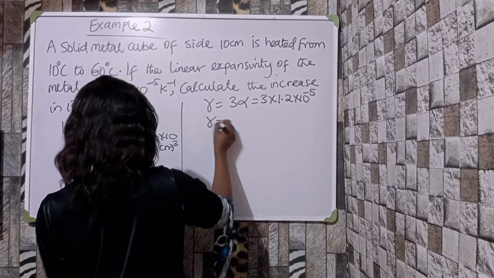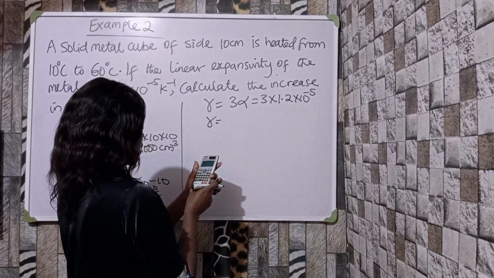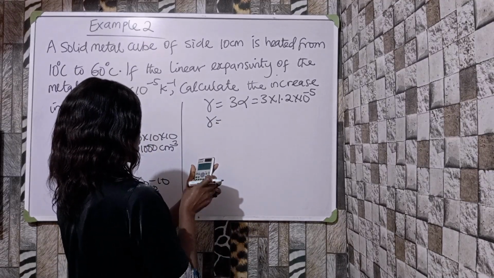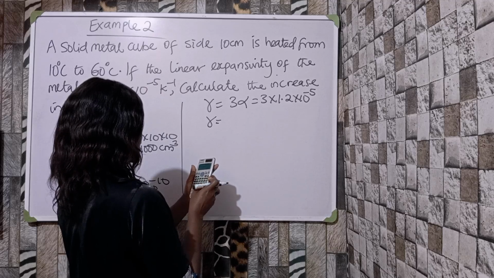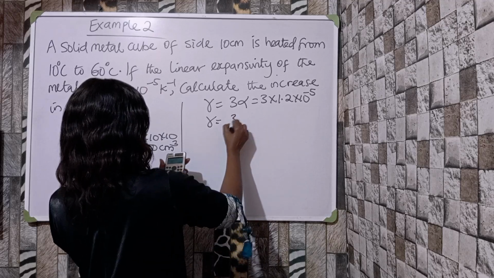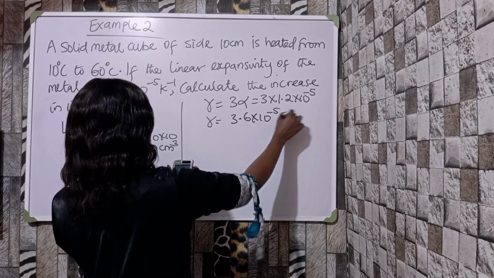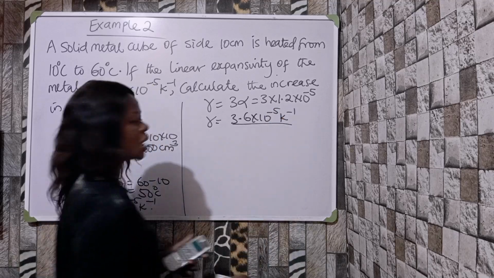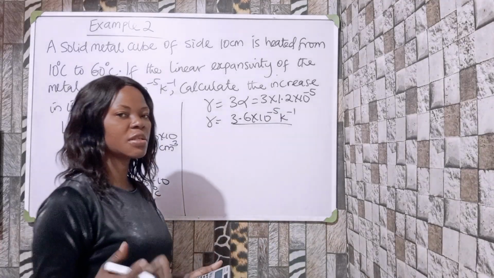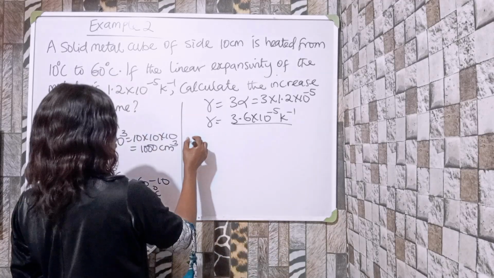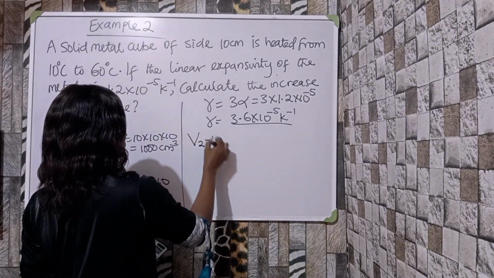With the calculator, 3 times 1.2 exponent minus 5 is equal to 3.6 times 10 raised to the power of minus 5 per Kelvin. But what are we asked to find? We're asked to find the increase in volume, and the formula for increase in volume is V2 minus V1.